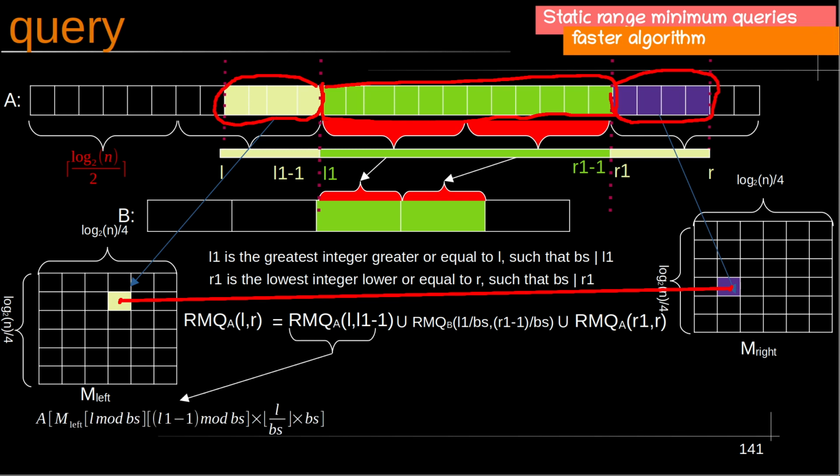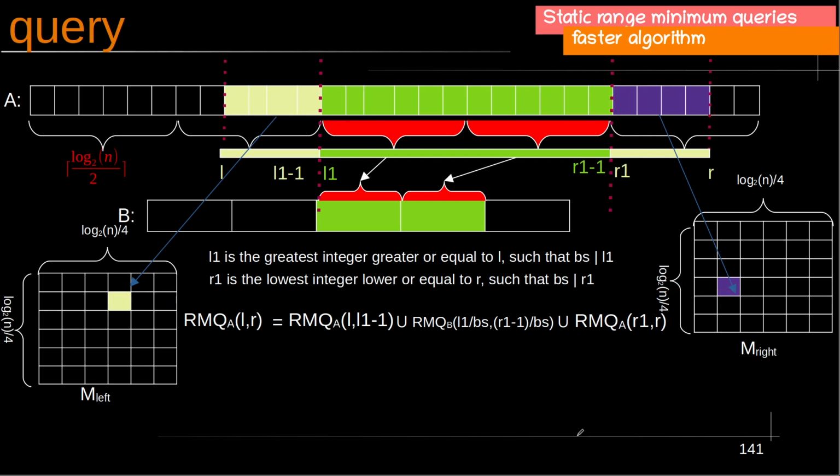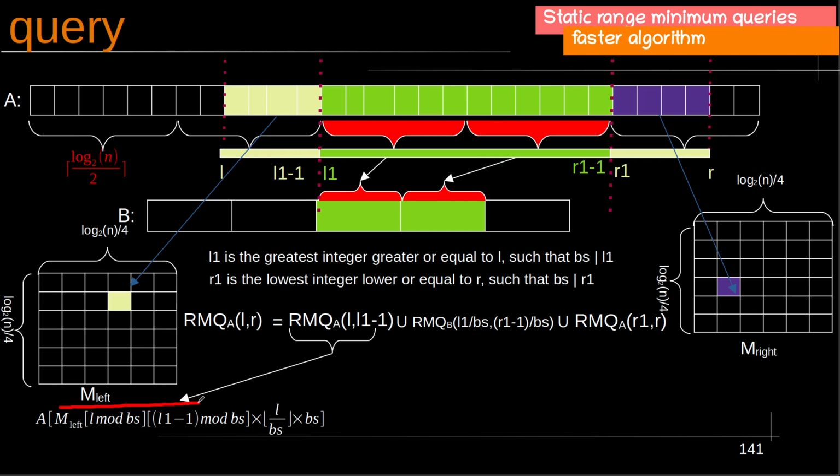So how to compute this SMRQ on A from L to L1 minus 1? I first have to find the position of the minimum in the matrix. So L mod the block size will give me the row.